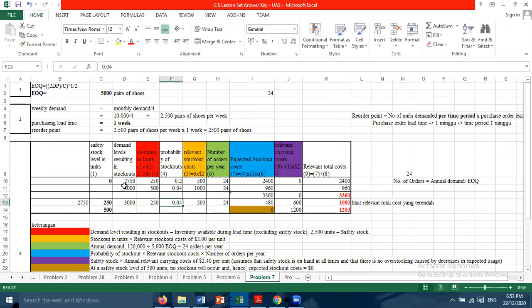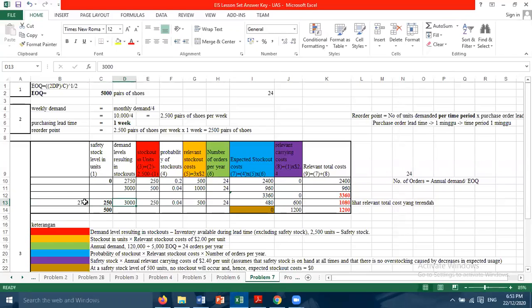And the probability is 0.04. So once again, we calculate the expected stock out cost: the expected stock out in units, 250, multiplied by the stock out cost, $2, multiplied by the probability of the stock out happening, 0.04, multiplied by the number of orders per year, and we'll get 480.